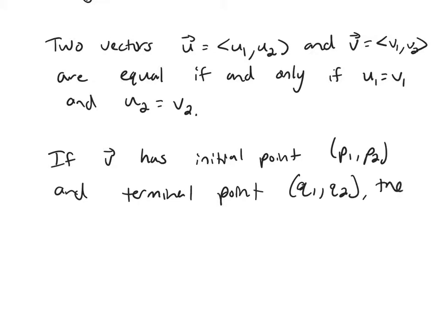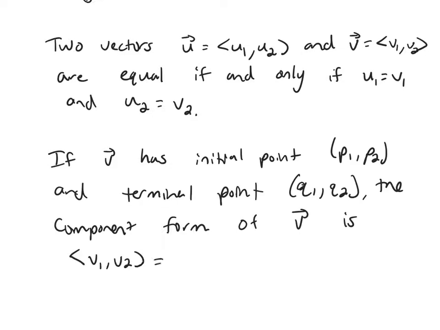The component form of v is, well, you just take the terminal point and subtract the initial in each coordinate. So Q1 minus P1, Q2 minus P2.